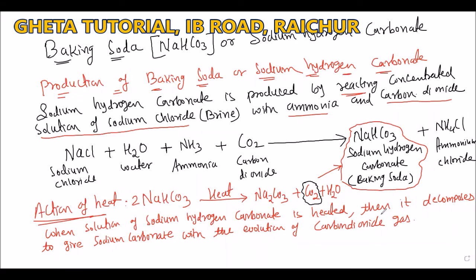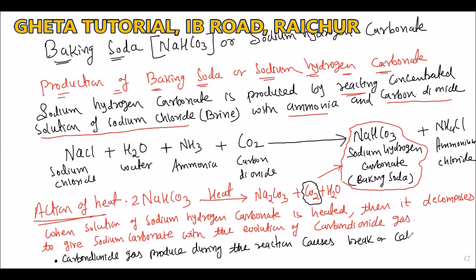Please remember that carbon dioxide. And one more very important point you should write here: carbon dioxide gas is produced during this reaction, which causes bread or cake to rise, making them soft, spongy and fluffy. So only one substance is responsible for making the bread or cake soft and spongy.